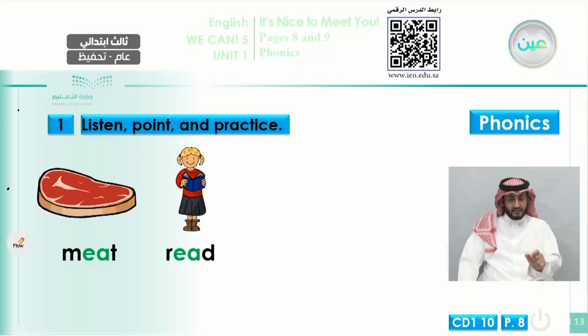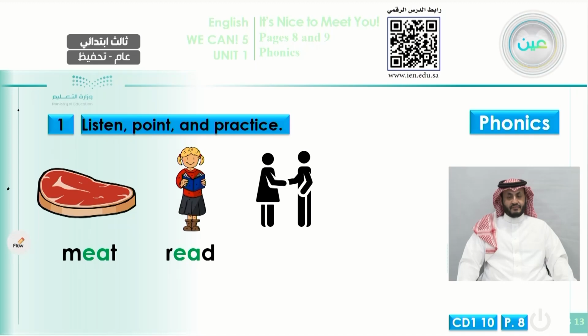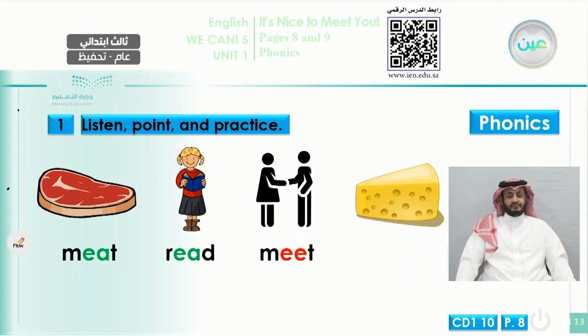Look at the word M-E-A-T. So EA is pronounced as E. Read also, EA is pronounced as E. The next here, what can this picture tell you? Meet. Double E also is pronounced as E. Cheese, this is cheese as well, and it is pronounced with E as well.